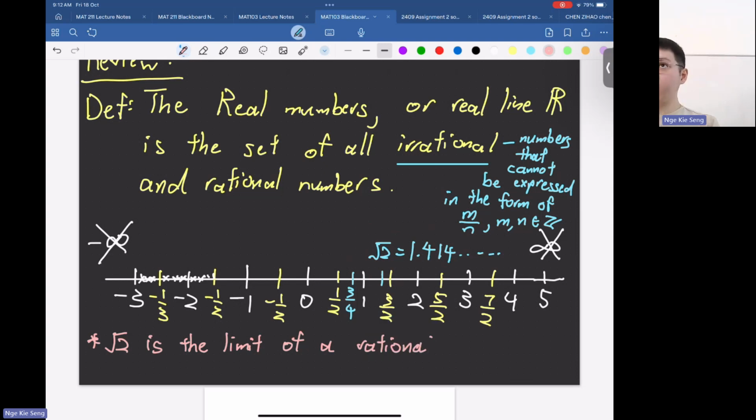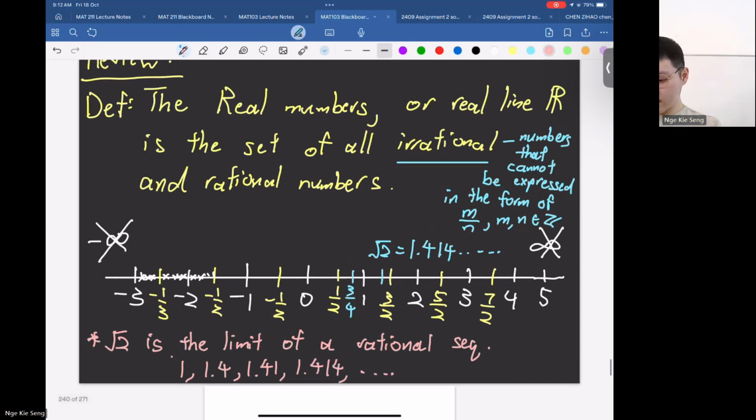So how do we define this rational sequence? You simply just take the decimal expansion of square root 2, for example. Obviously, there are other ways to do it, but this is one way. Okay, then you can see that this will converge to square root 2. Okay, so typically this is how we build this irrational number. And because we can't really write down the whole expression of decimal expansion of irrational.